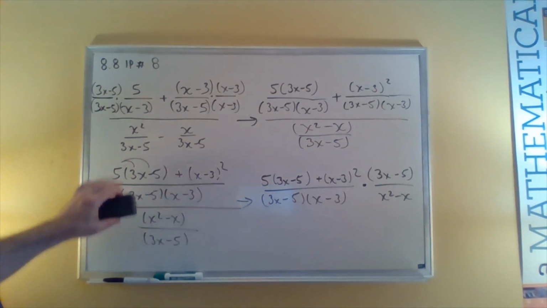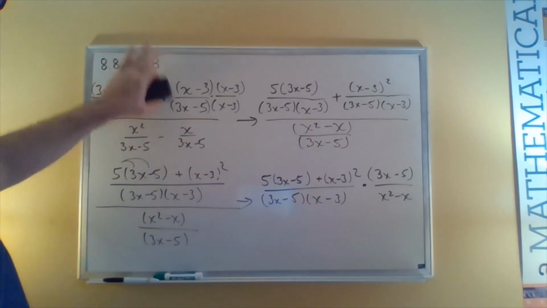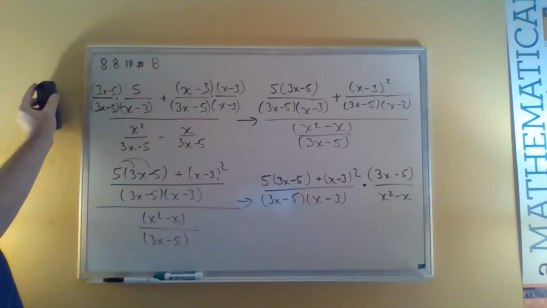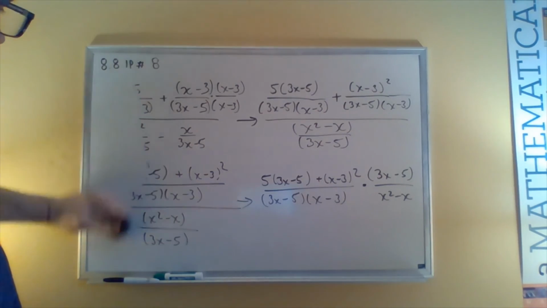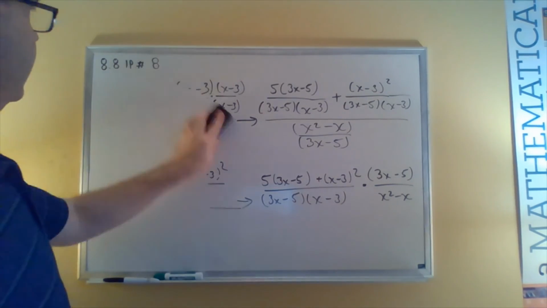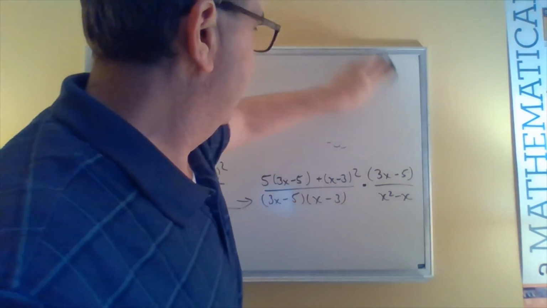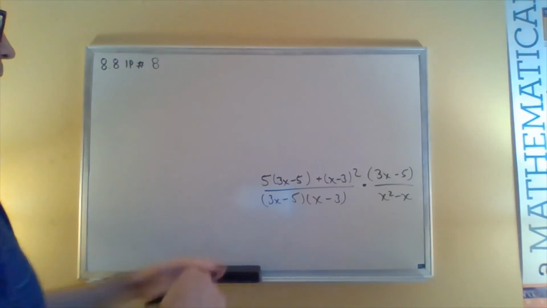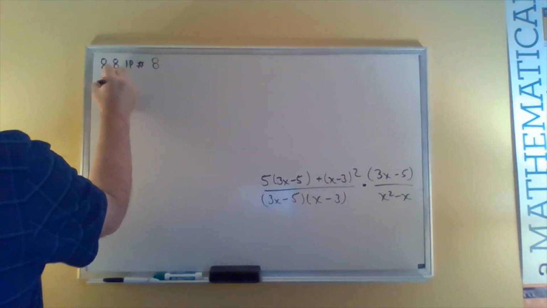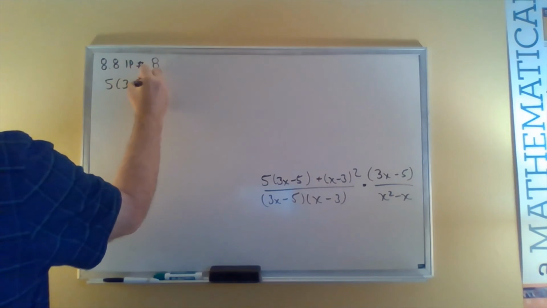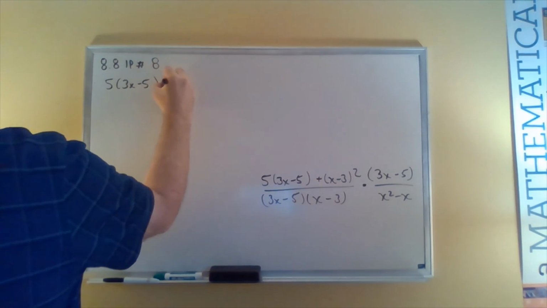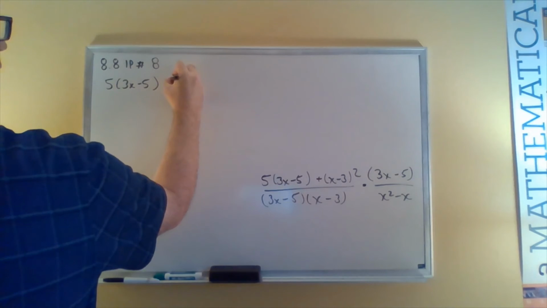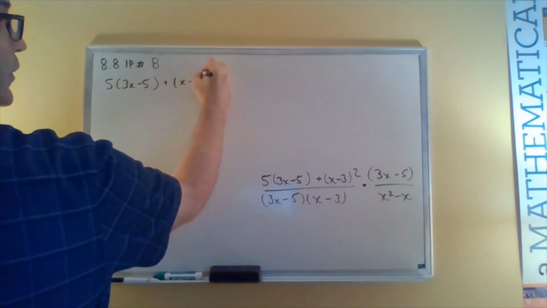Okay, so I need some more room, so I'm going to erase everything up top here. So pause if you need to take some notes. Okay, I'm going to rewrite this fraction up here. So 5 times 3x minus 5 plus x minus 3 squared.